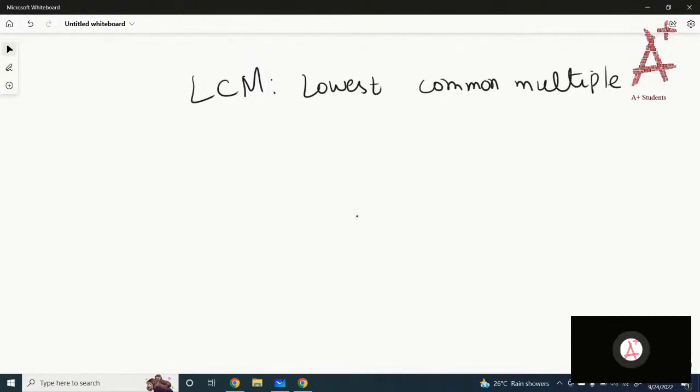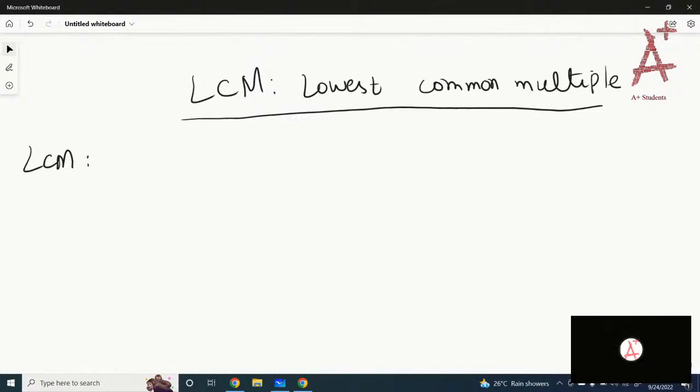Okay, I'm going to write down the definition of the LCM. Make sure you have your notebook and pencil so that you can note down these important things. Got it?